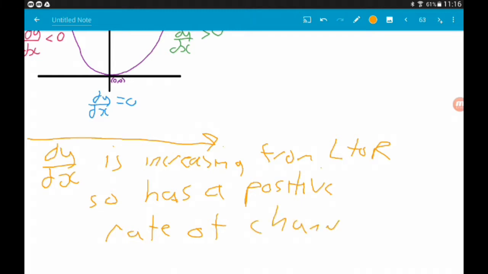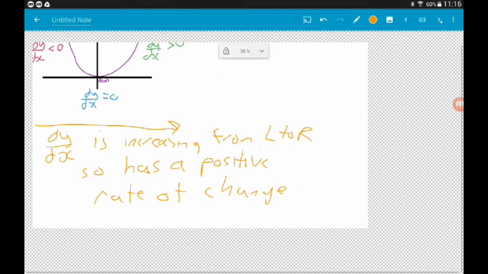Now remember what that's saying. A positive rate of change means that the gradient is positive, but we're already talking about the gradient. So if you like, the gradient of the gradient is positive, or the second derivative will be positive.